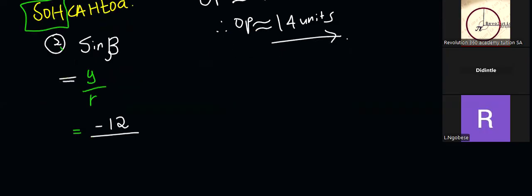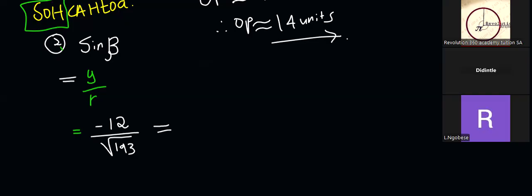Maths doesn't allow us to have many division signs, so this is how you can write it: minus 12 over the square root of 193. If you rationalize the denominator, it gives us minus 0.86. So leave it like that. For now, you'll be correct. So that's the first one.